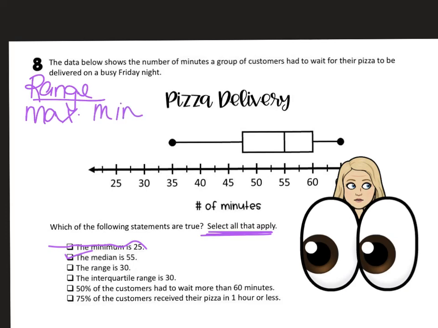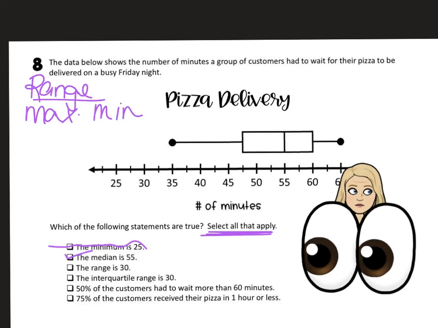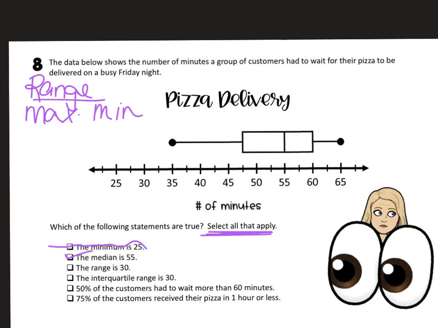So my max, let me just move old creepy eyes out of the way. My max here is 65. My min is 35. So I'm going to subtract those, and I get 30.